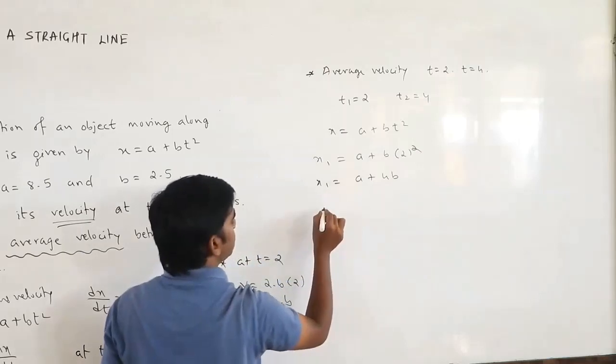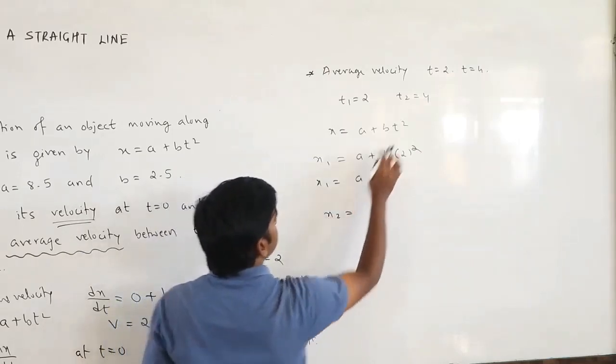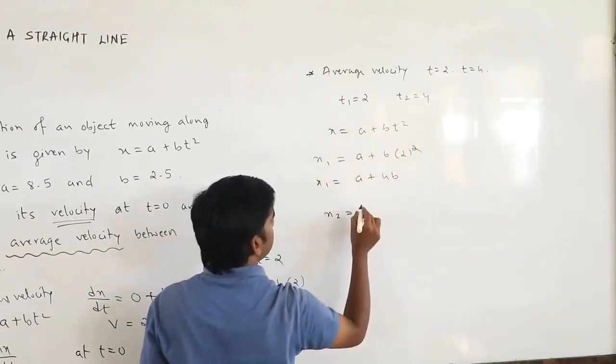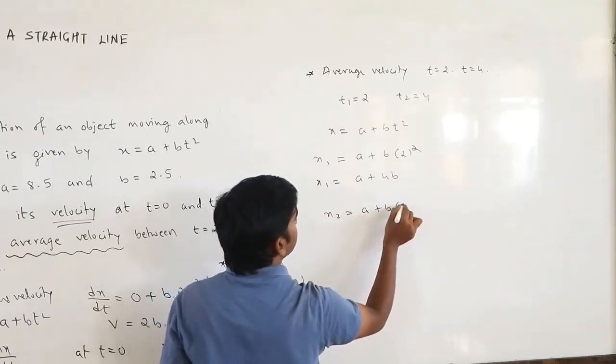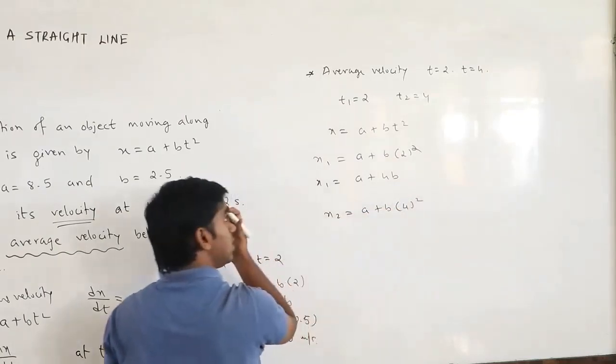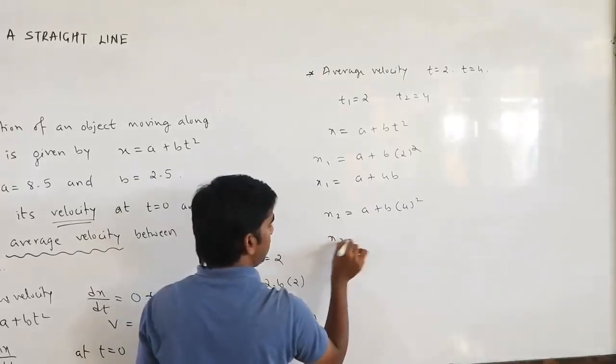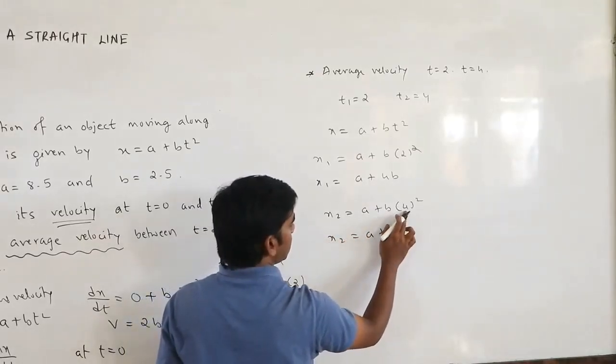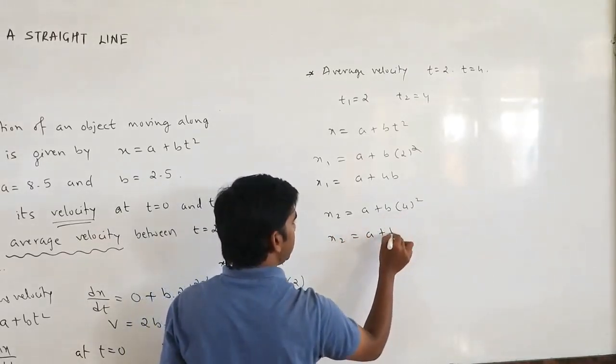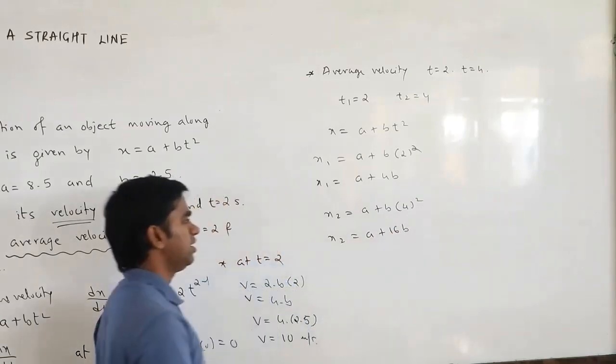This is x1. So find x2. For x2, substitute t equals 4. So a plus b into 4 square, and 4 square is 16, so x2 is a plus 16b.